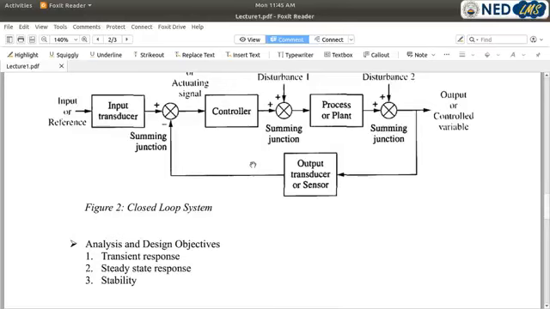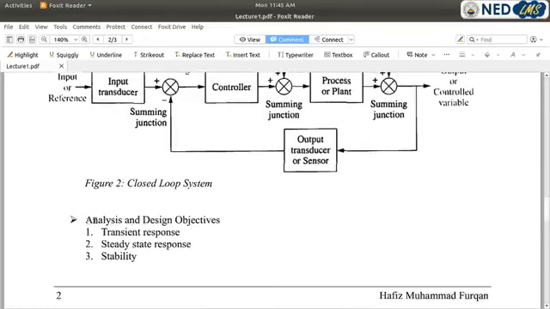Today's topic is the analysis and design objectives. The word analysis, as we discussed in the previous lecture, is the process by which the system's performance is determined or evaluated, and the word design describes the process by which the system's performance is created or changed.